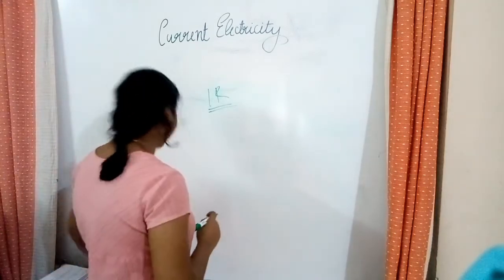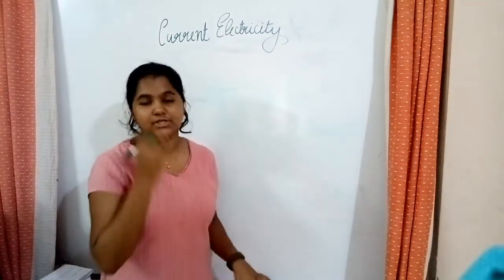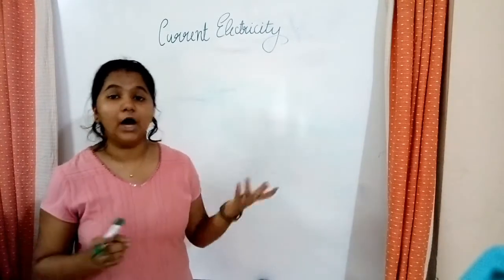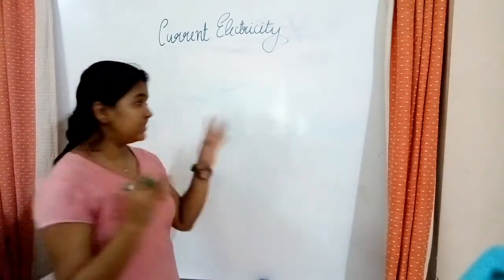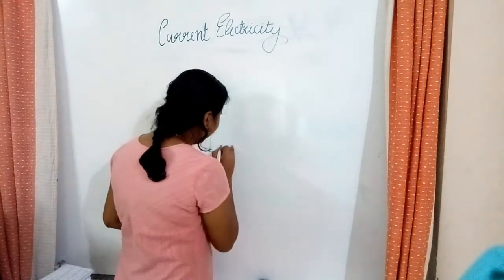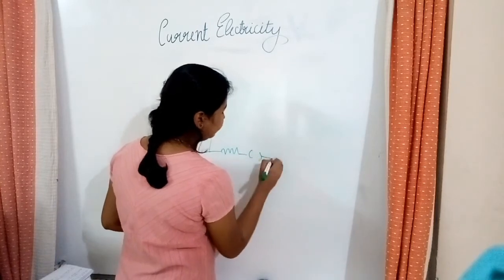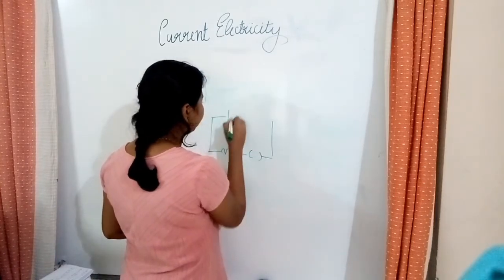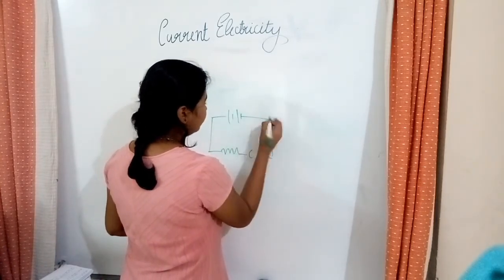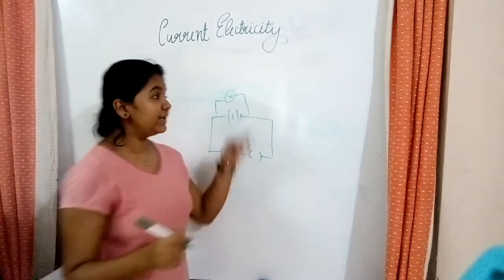So now we learn about something known as terminal potential difference or terminal voltage. What is terminal potential difference? The same thing. This is the external resistance, this is the key, this is the battery, and this is the voltmeter. This case is for an EMF.